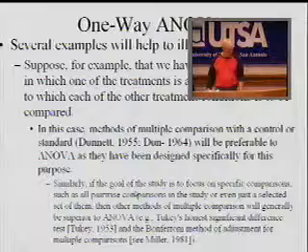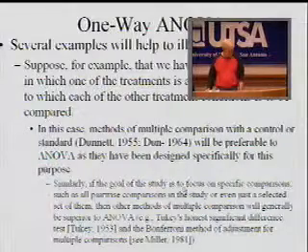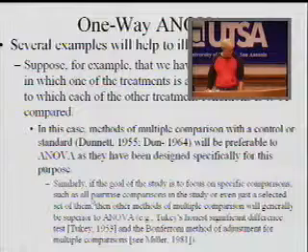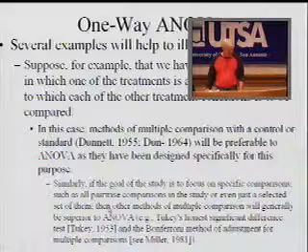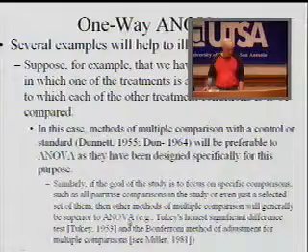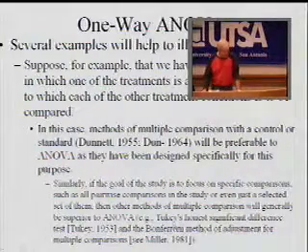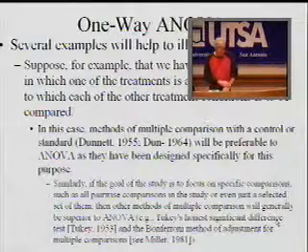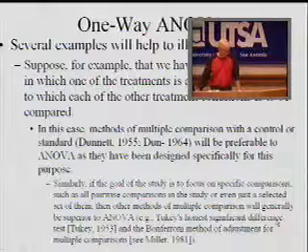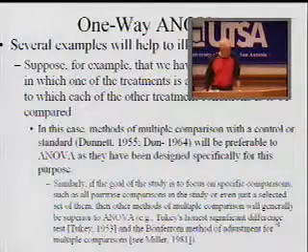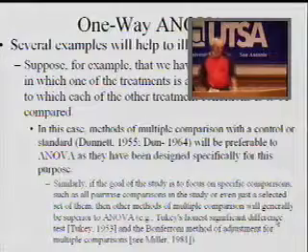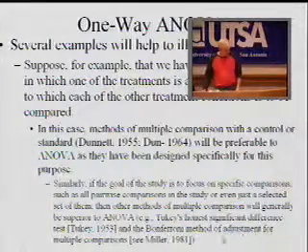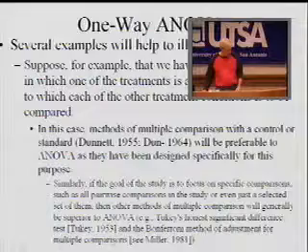Similarly, if the goal of the study is to focus on specific comparisons, such as all pairwise comparisons in the study, or even just a selected set of them, then other methods of multiple comparison will generally be superior to the ANOVA. So these are post hoc tests. Tukey's honest significant difference, the Tukey test I mentioned to you, is more stringent than the other ones that were listed, such as the Student-Newman-Keuls, and the Bonferroni method of adjustment for multiple comparisons.